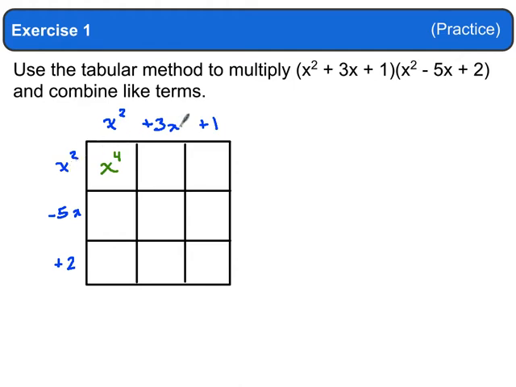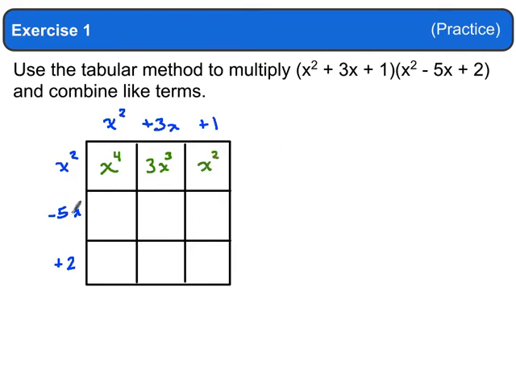And then x squared times 3x is 3x cubed. And then x squared times 1 is x squared. And actually, let's go back. I didn't add 2 plus 1 is 3. And then x squared times 1 is x squared.